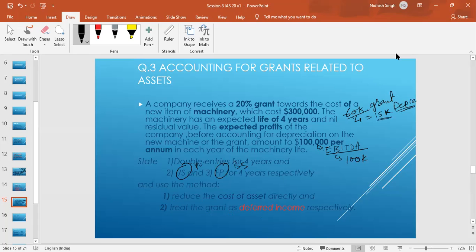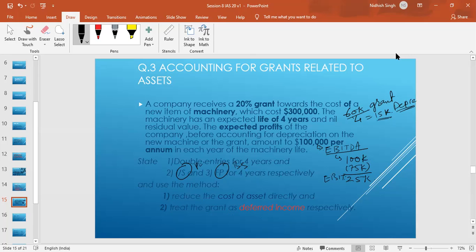The actual depreciation is 3 lakh divided by 4, 75. Yeah, that is EBIT. Okay. Anything else?